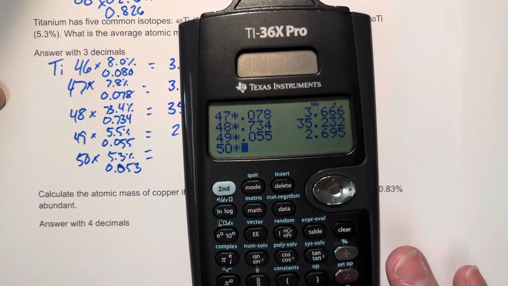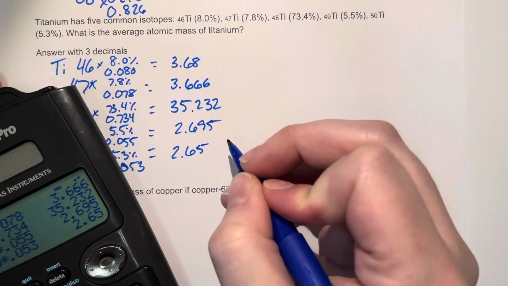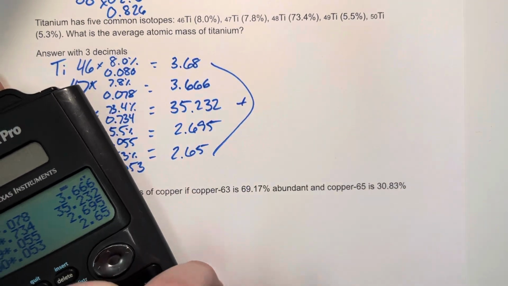And finally, 50 times 0.053 gives me 2.65. I will add all of these together.